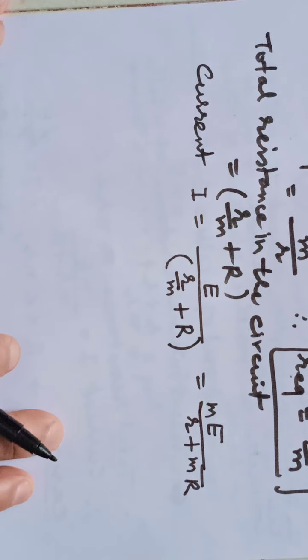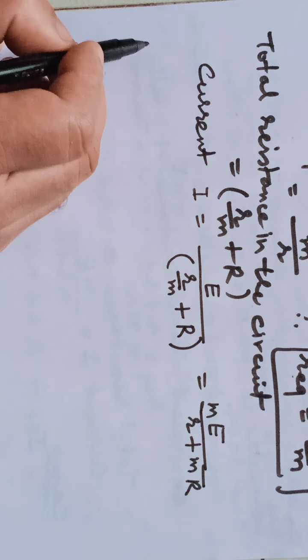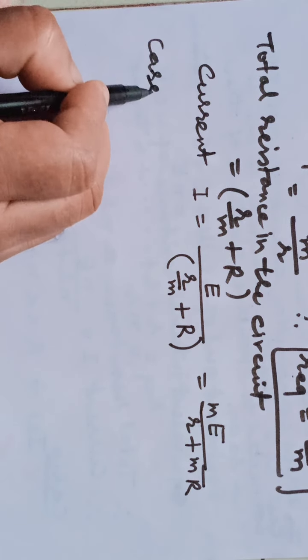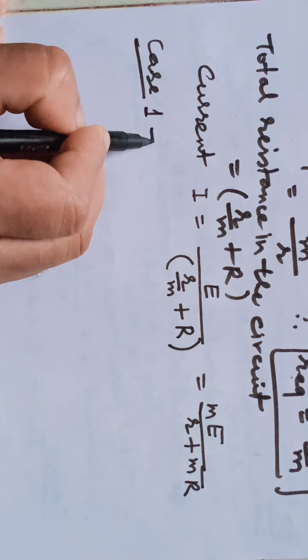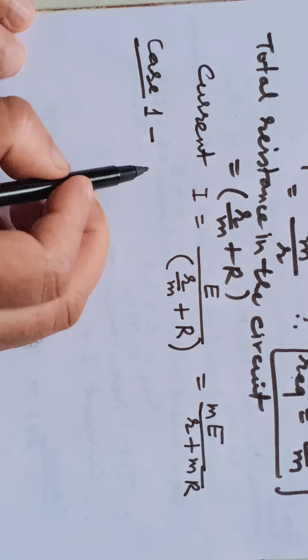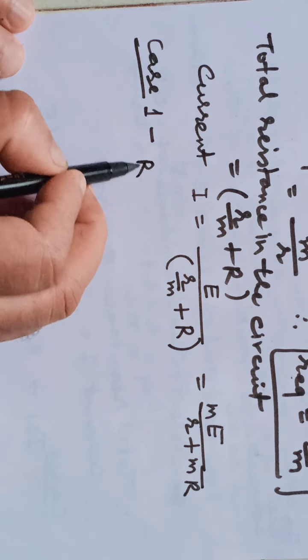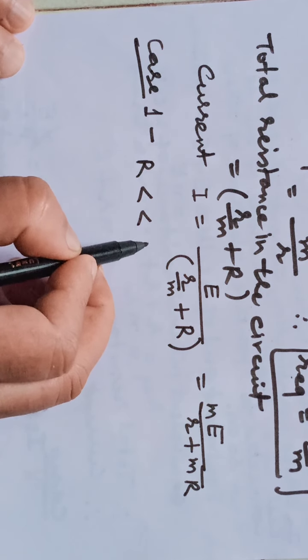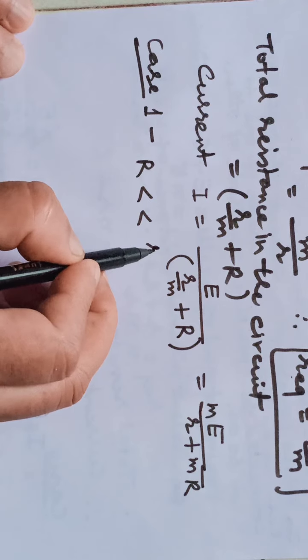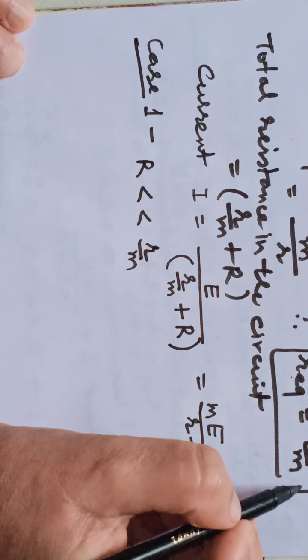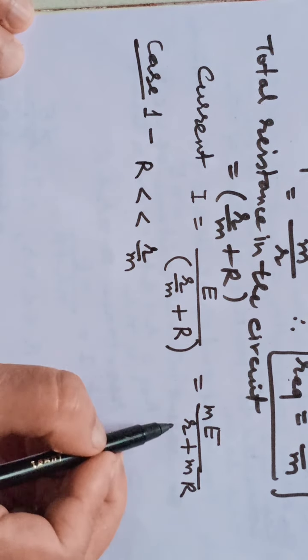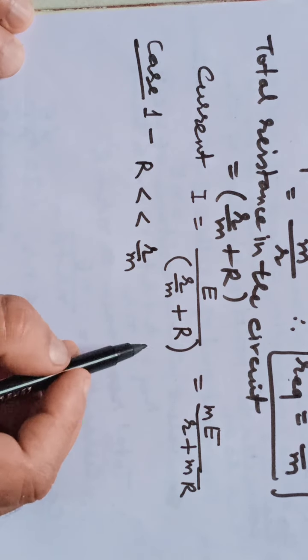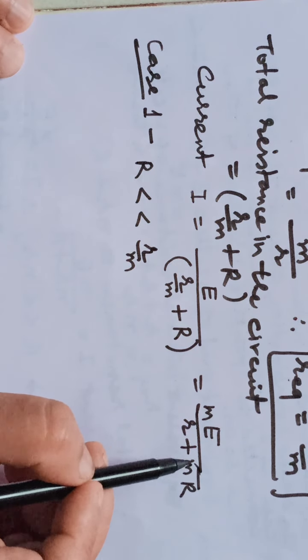Now let us discuss the two cases. Case 1: when the external resistance R is very small compared to r upon m, the equivalent internal resistance, we can drop this term.